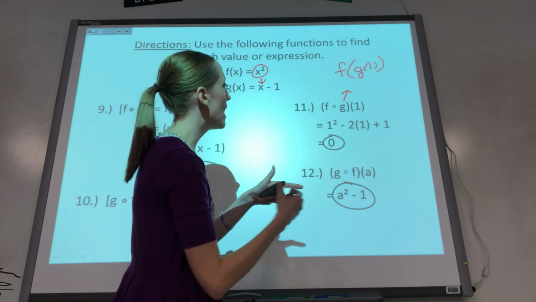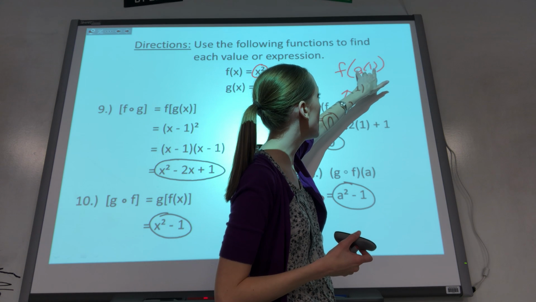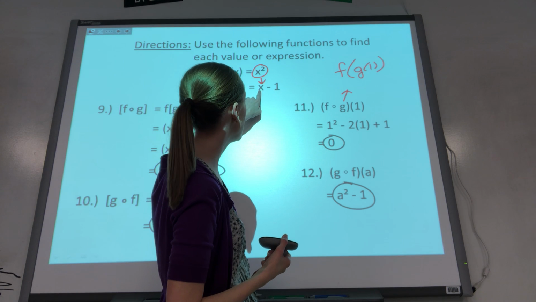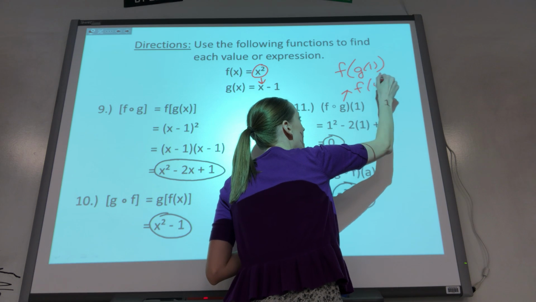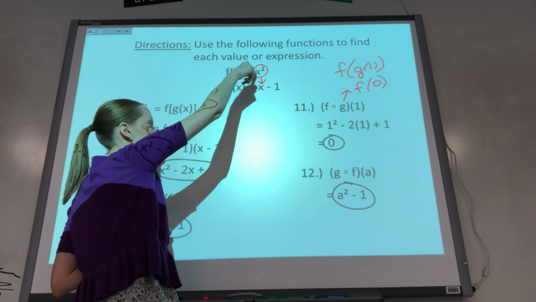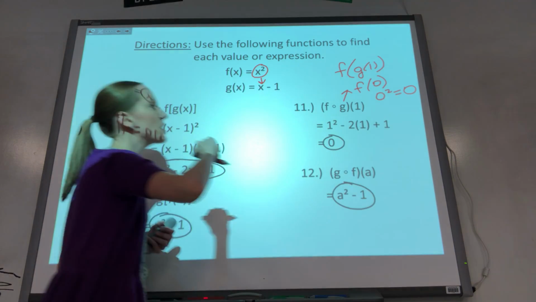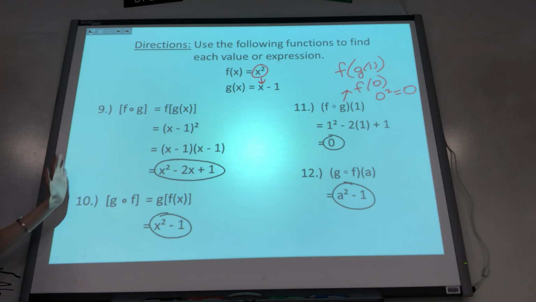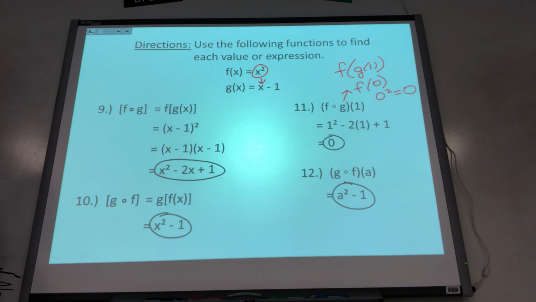So the second option, if you don't already know f of g, is to figure out what g of 1 is. And so that means I just need to plug a 1 in right here. 1 minus 1 is 0. Then I would take that 0, plug it into f of x, so 0 squared, that's also going to give me back a 0. So good question. If you don't know one of those from earlier, then you can always kind of go back and try method 2. Anybody else?